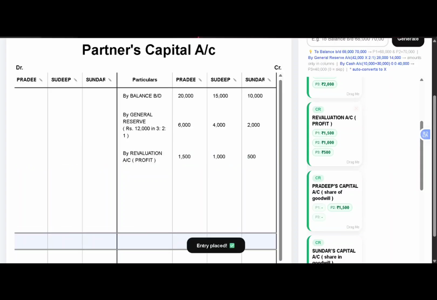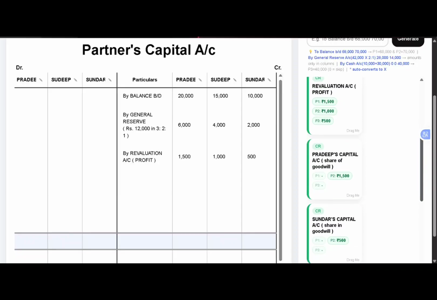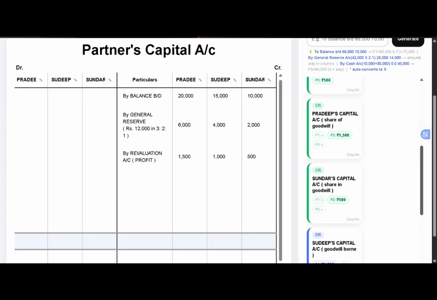Now next we have to make the goodwill treatment. We had already calculated Sudeep's share of goodwill, that will be adjusted by Pradeep and Sundar. So here that is the goodwill that is borne by the old partner Pradeep.